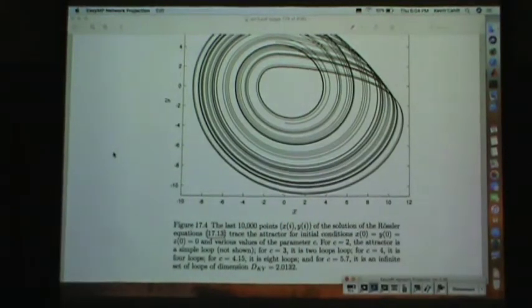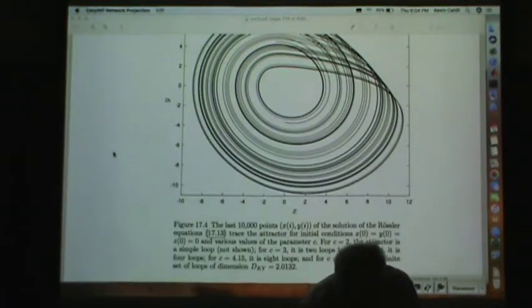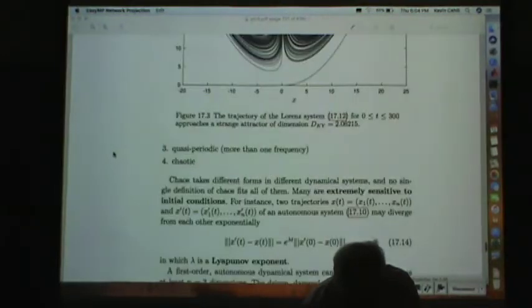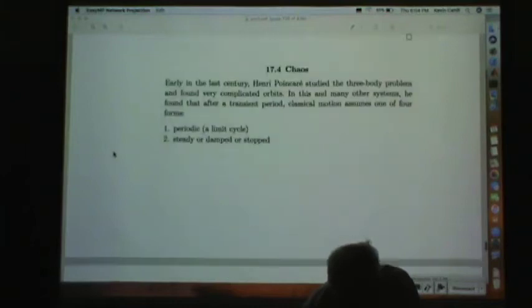So it's not a solid three-dimensional object, but it's more than a two-dimensional object. Now let's see, what did I skip here? Oh yes, quite a bit. All right. So that was the Rössler system.